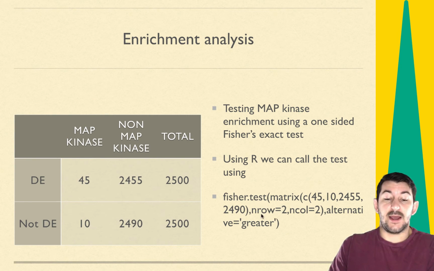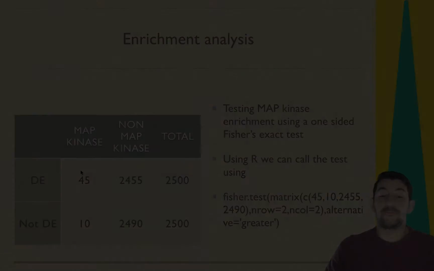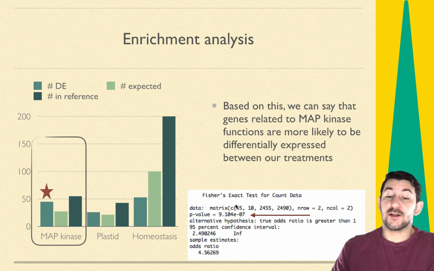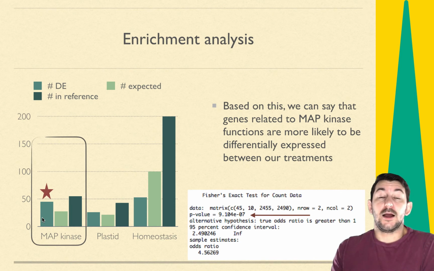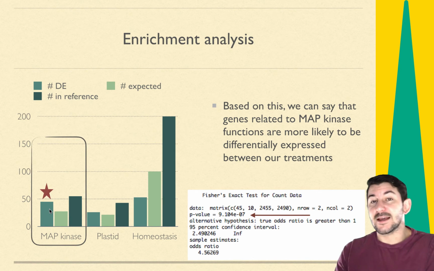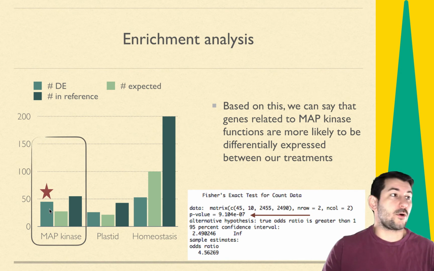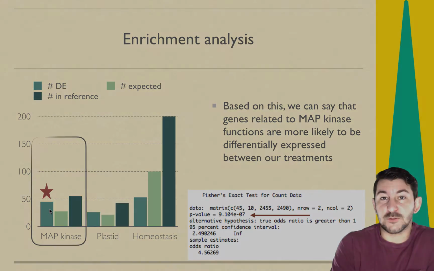So we could just do a quick Fisher's test, make that matrix right here simply, and test to see if it is greater than we would expect by chance within this cell. And if we ran this test, again, you're not going to do this by hand ever, but we get a very small p-value, and we would call MAP kinase as being significantly enriched for being differentially expressed in this data set, meaning that MAP kinase functions are probably somewhat related to whatever the response to this treatment or grouping that we compared in the first place.